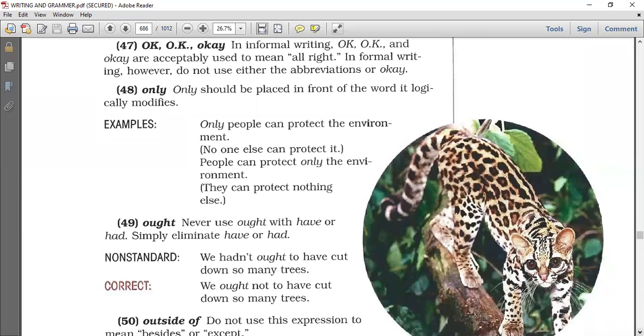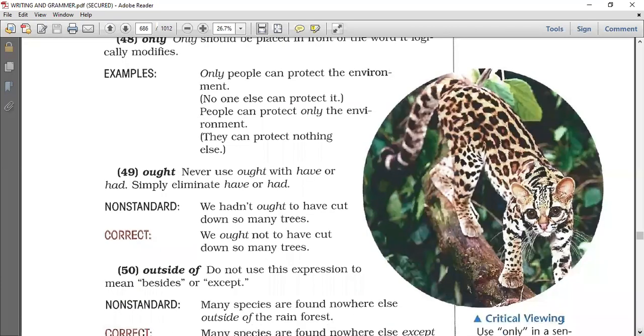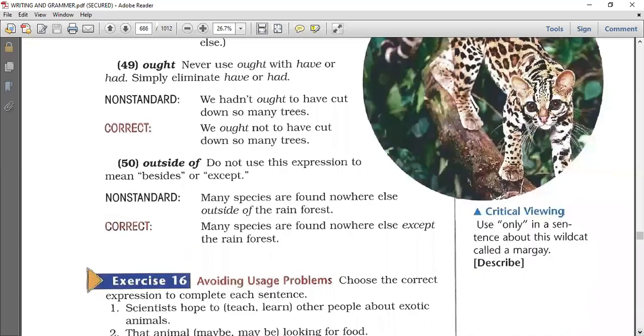Number 49, ought. Some people don't know how to use this word. Never use ought with have or had. Simply eliminate have or had. I don't think anybody here makes this mistake. Wrong: we hadn't ought to have cut down so many trees. Correct: we ought not to have cut down so many trees.